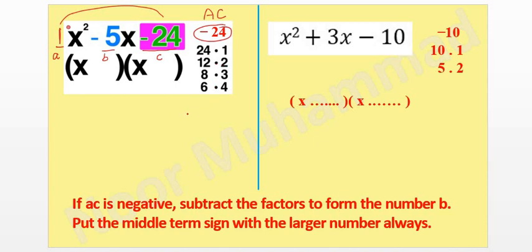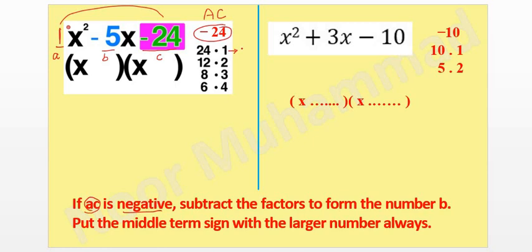Because in the last exercises, when we had a positive number when multiplying a with c, we were getting a positive number. And at that time, to find the pair, we were adding these factors together. Now, in this case, whenever the AC is negative, we subtract the factors to form b. So let's start subtracting them.